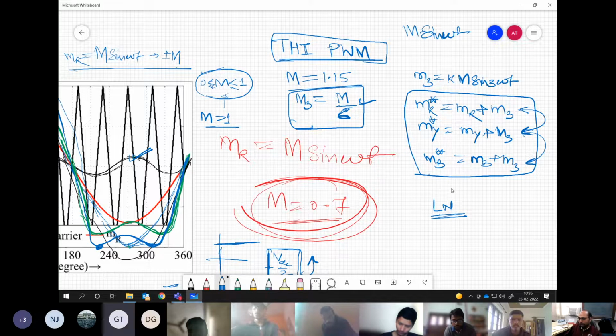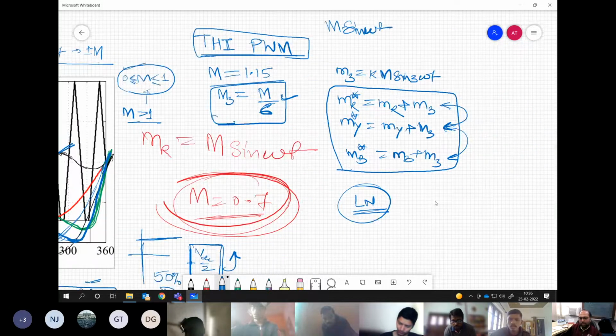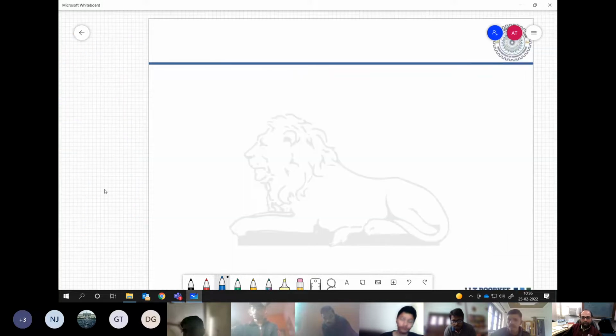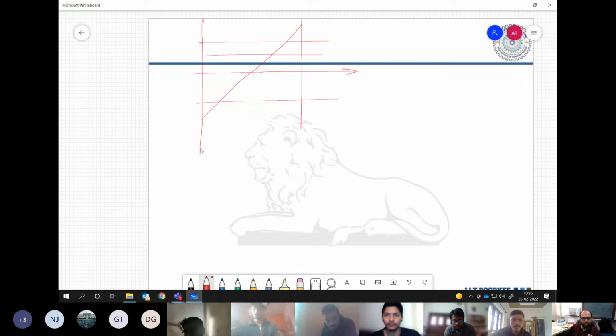Correct? But what it will change basically? If it is not reflecting in the line to neutral voltage, what it is changing? You are still realizing this, say you have the carrier and you have the modulating signals. And you are having the pole voltage waveforms, say R can come here, then Y, then B, all these things can be there.